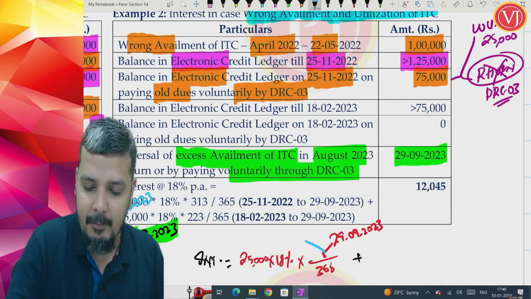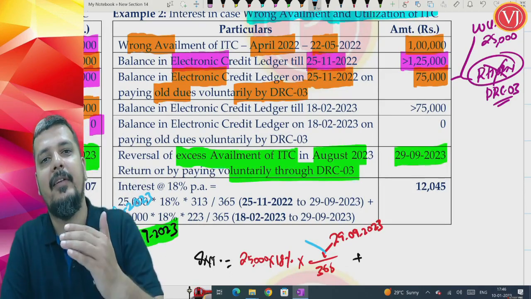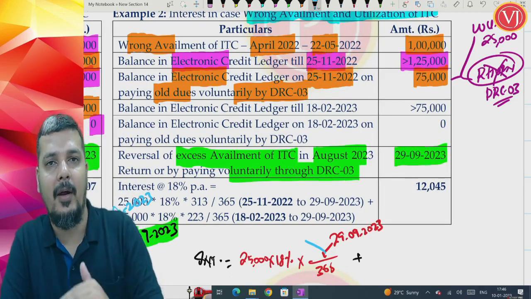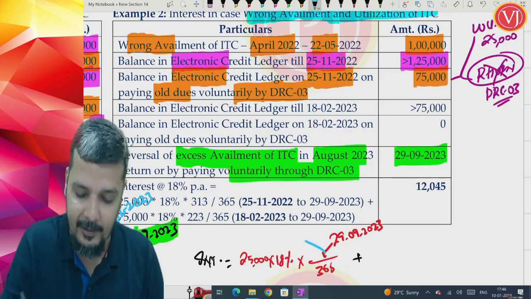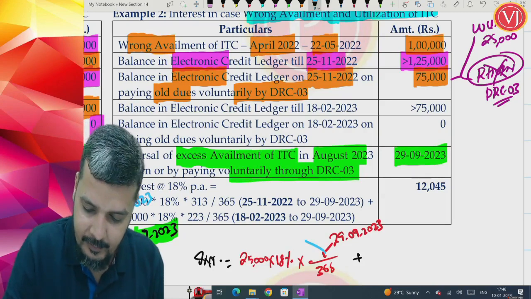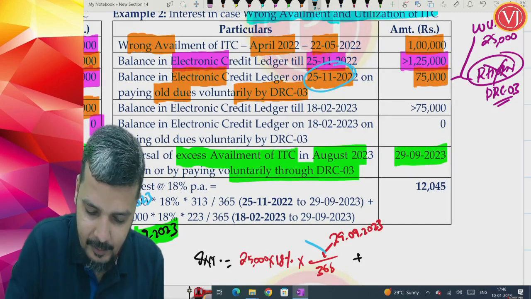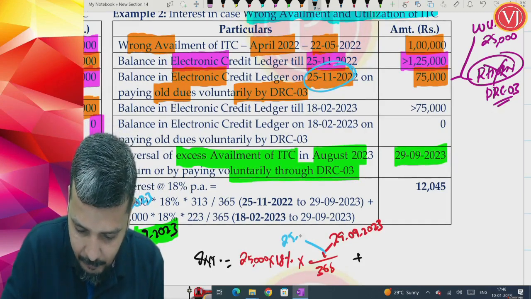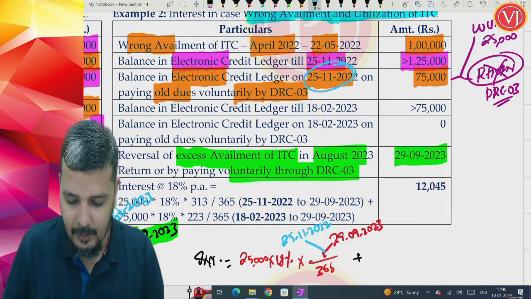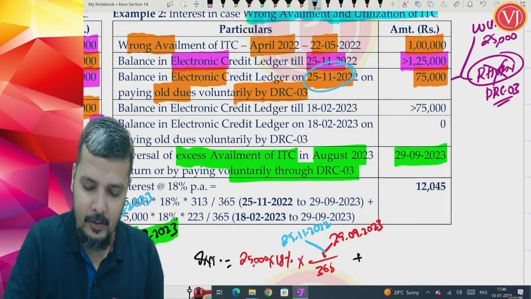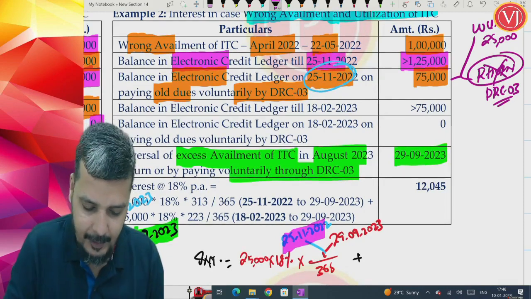This time my balance in the electronic credit ledger is falling below 1 lakh, not because of filing a particular return but because of paying my old dues by DRC 03 challan. So this starting date would be the 25th of November 2022. This would be the first part.